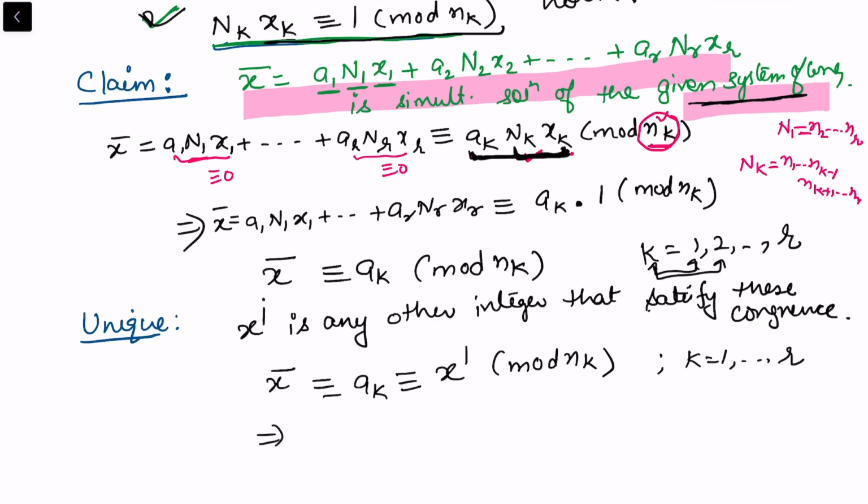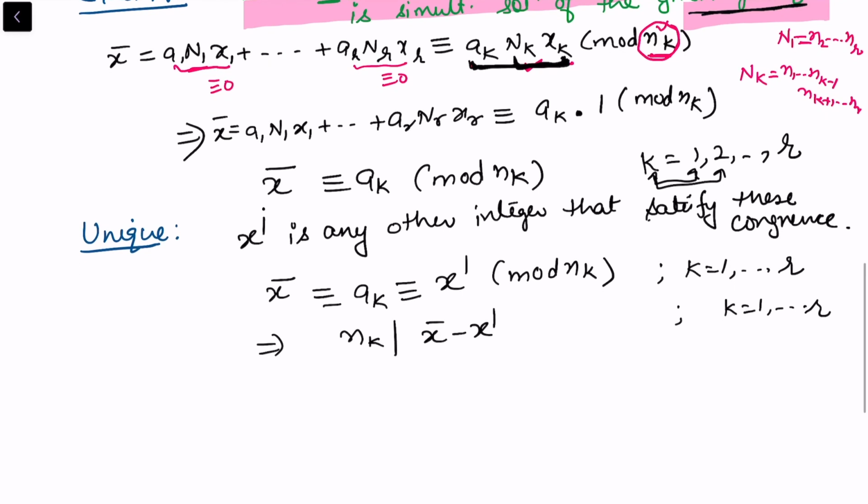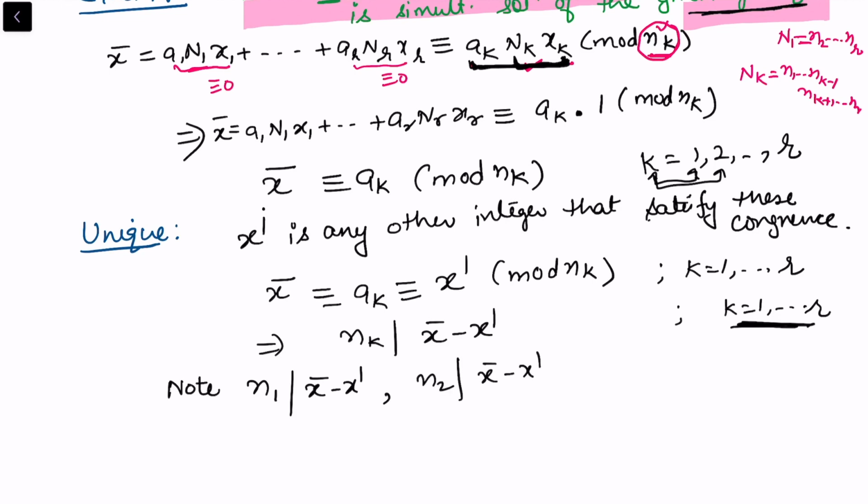And from here we can see that nk must divide x bar minus x dash for each value of k lying between 1 to r. Because k goes from 1 to r, for different values of k, n1 divides x bar minus x dash, n2 divides x bar minus x dash, n3 divides x bar minus x dash, and so on up till nr divides x bar minus x dash.